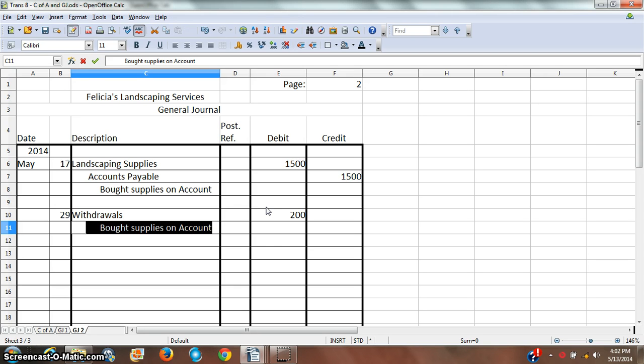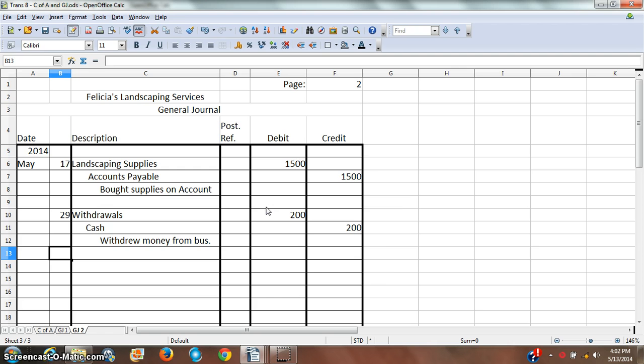And the second, I'm going to put the credit, which is cash. Cash went down by $200. So now I can say, and I'll just say, from business. Keep it short and simple.